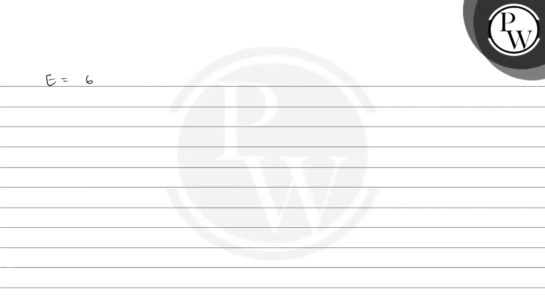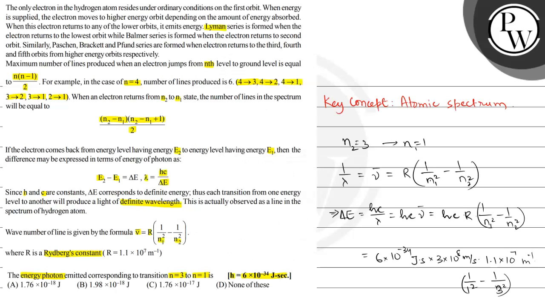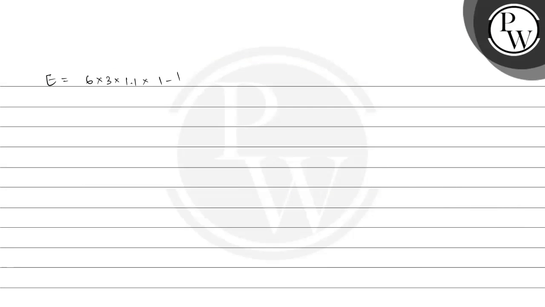And if we multiply the values, then energy of photon is equal to 6 multiplied by 3 multiplied by 1.1 multiplied by the value within brackets, that is 1 minus 1 by 9, multiplied by the exponential terms, which we represent as 10 raised to the power minus 34 multiplied by 10 raised to the power 8 multiplied by 10 raised to the power 7, and here 1 minus 1 by 9 is 8 by 9.